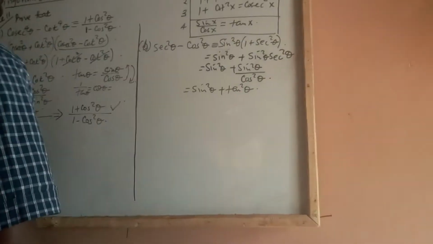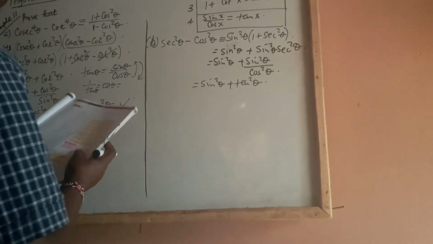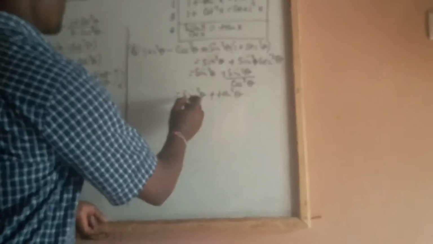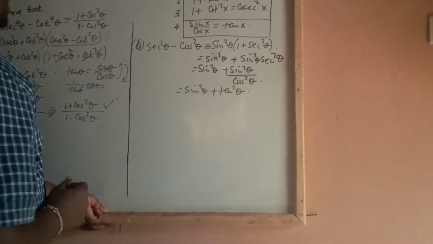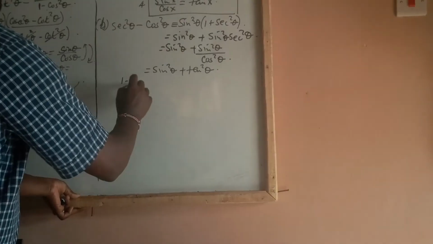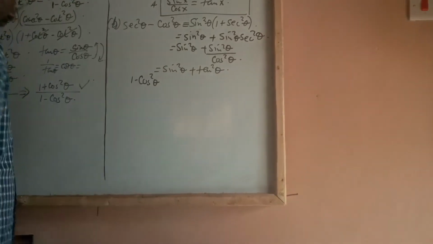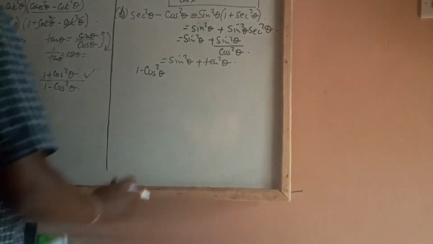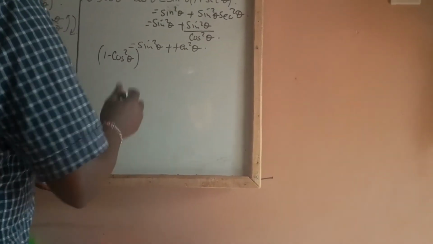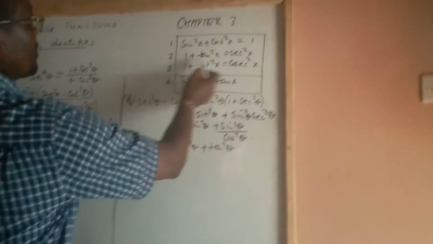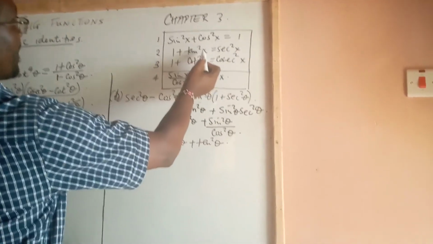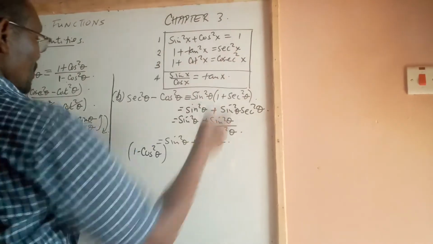It is interesting to remember that sine squared theta can be written in terms of cosine squared, as 1 minus cosine squared theta. And for tan squared theta, relationship number 2 shows that tan squared theta is sec squared theta minus 1.